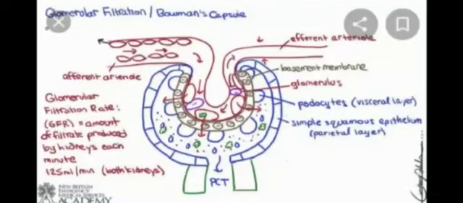The visceral layer, which constitutes the podocyte, is the specialized cell. It is shown by blue color also. The basement membrane is shown by the brown color, and the blood capillary is shown by the red color.